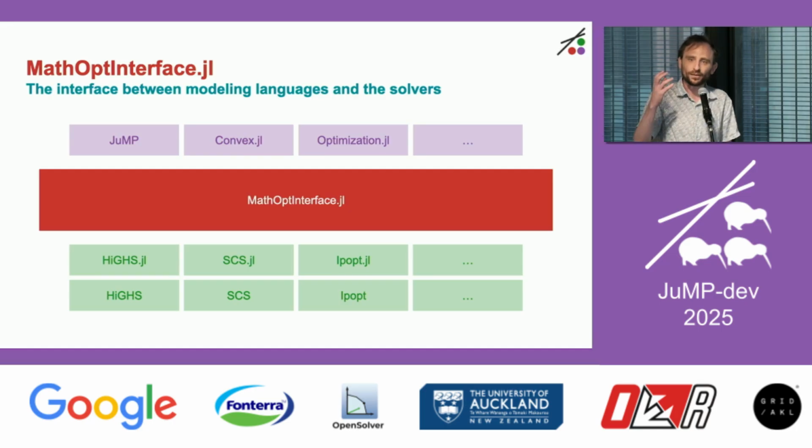They all lower to this intermediate API called MathOptInterface. And then below MathOptInterface, all of the solvers write to the same API. And so there's the HiGHS solver and the HiGHS.jl package, which talks between the C interface of HiGHS and MOI. There's one for SCS and Ipopt and Gurobi and CPLEX, and every solver has its own package and its own interface to this MathOptInterface.